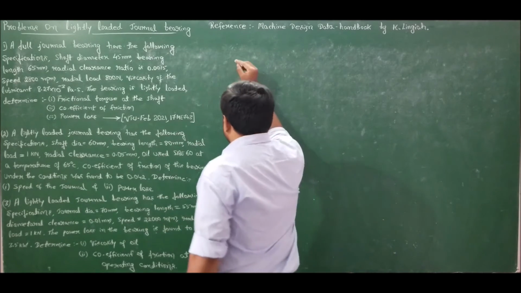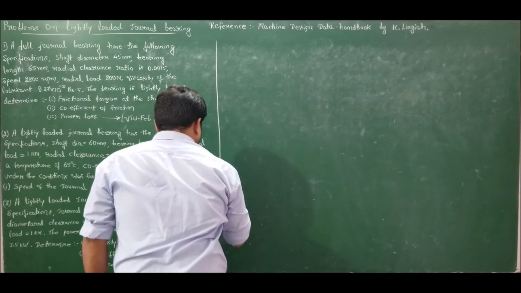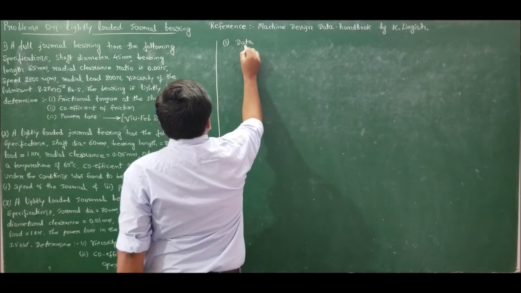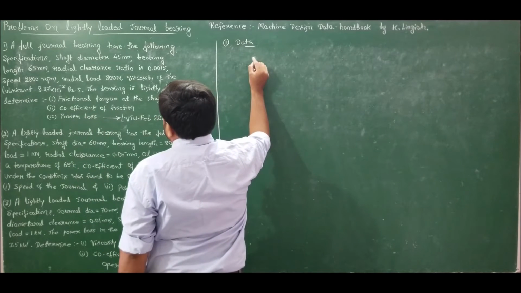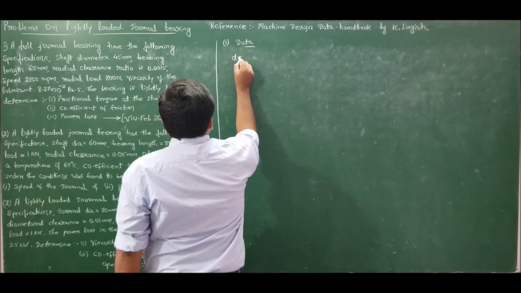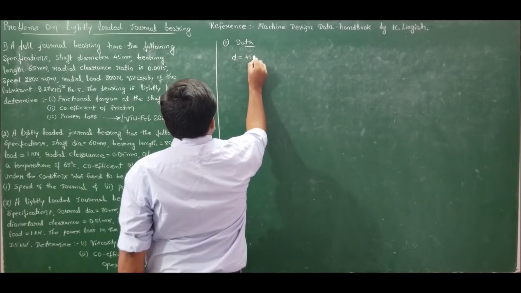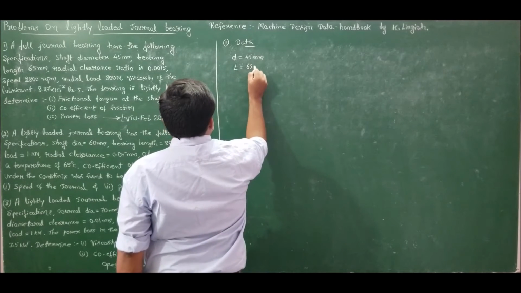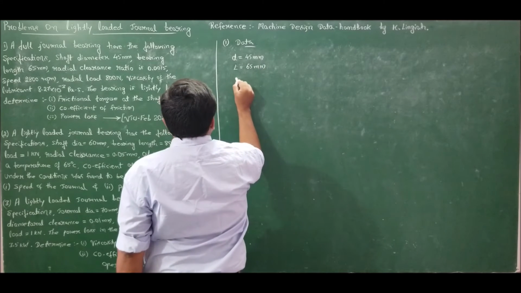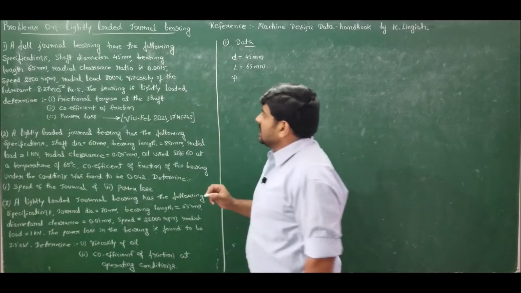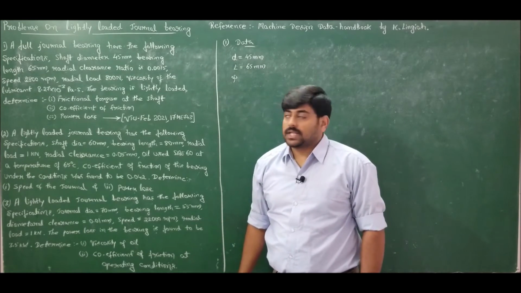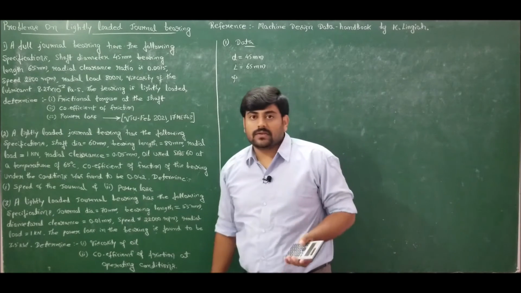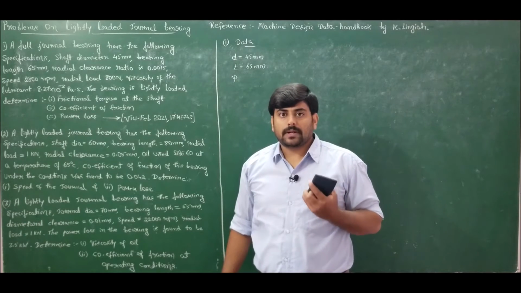If I list out the data given for problem number 1, we have a full journal bearing with the following specifications. The diameter of the shaft is given as 45 mm, bearing length is 65 millimeters, and the radial clearance ratio is also equal to the diametrical clearance ratio, denoted by xi, which I clearly explained in our previous lecture, where I provided the link to go through the Petrov's equation derivation.